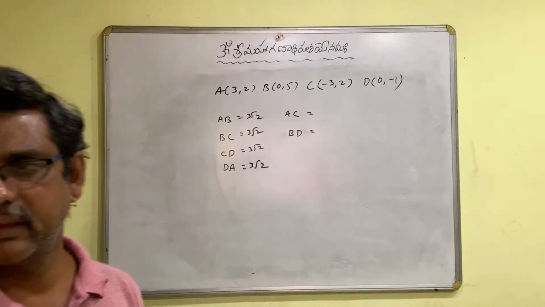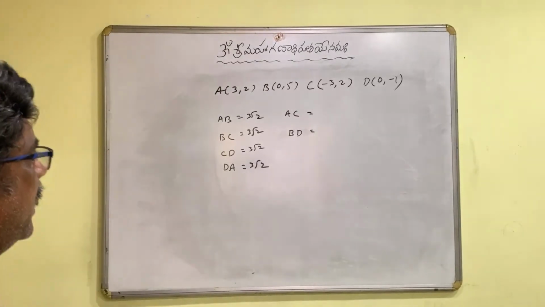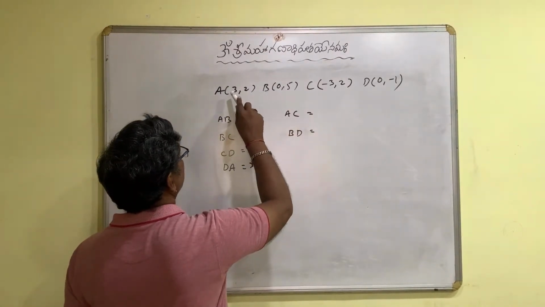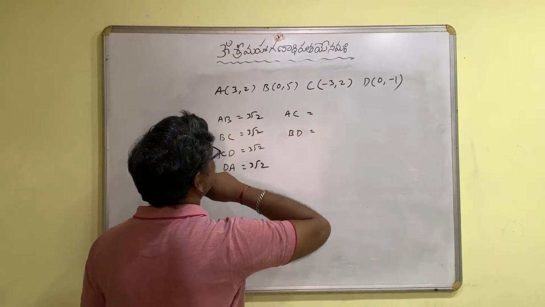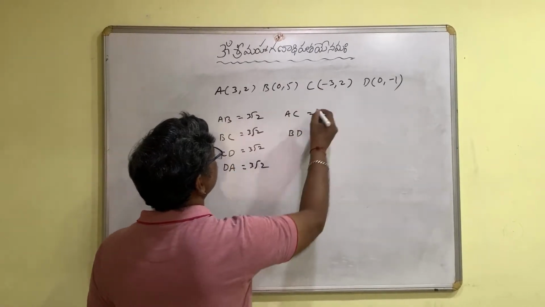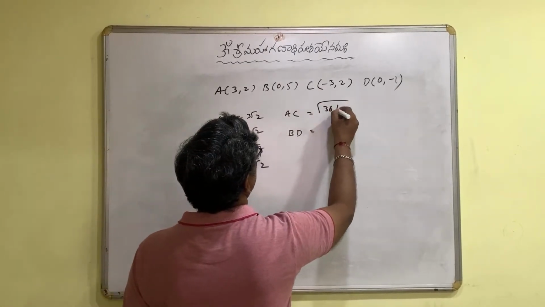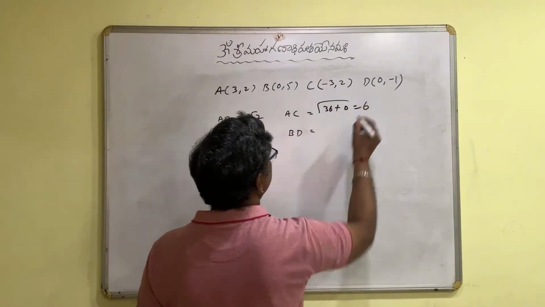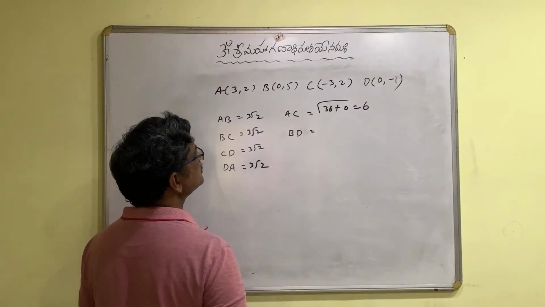Okay, and diagonals. Diagonals now see. 3 minus half minus 3, 6, 6 square, 36, plus 0, means 6 units. AC is 6 units.